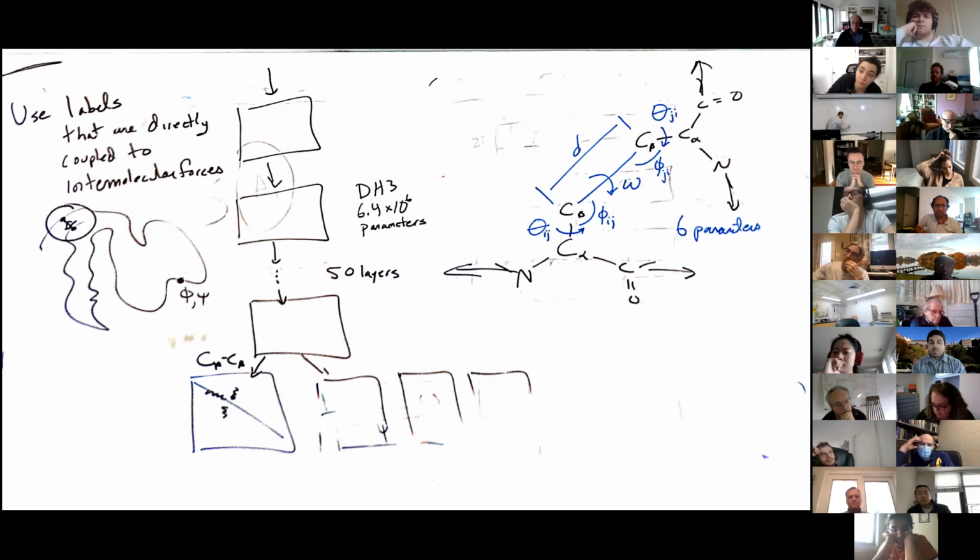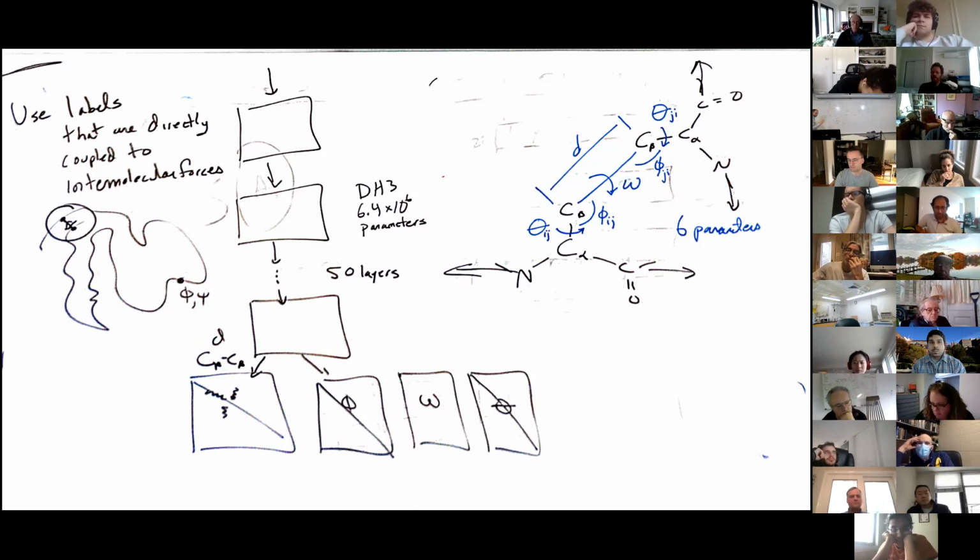That's it. And the phi's and the thetas are asymmetric, so what's on the top and bottom of those matrices are different. Still with me? All right. So that's the general story. That kind of gets you up to date through CASP 13 and through our first DeepH3 papers.